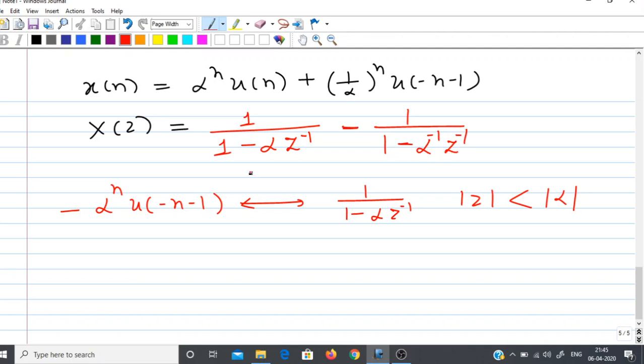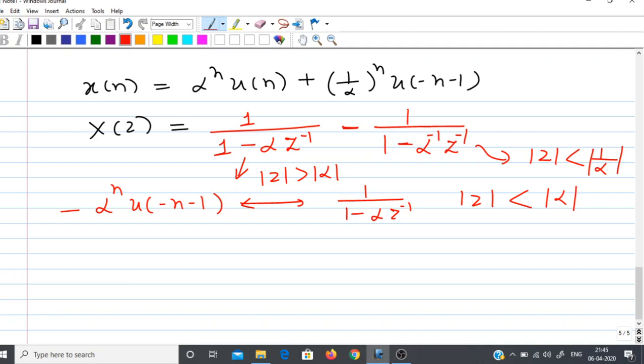But these two components have different ROCs. This component has ROC mod z greater than mod alpha, and this component has ROC mod z less than what? Actually 1 by alpha, mod of 1 by alpha.